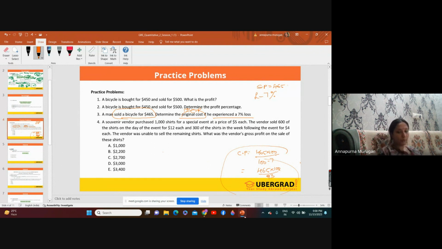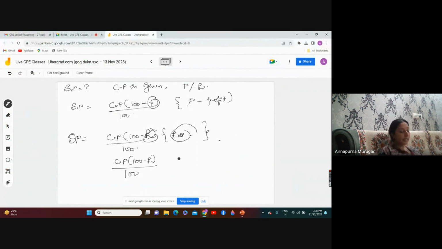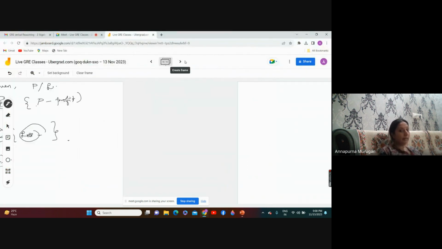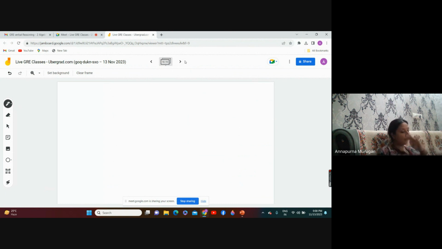Okay. So the next thing, these were the formulas that you remember. Before, I gave two original formulas, increase percentage and decrease percentage.